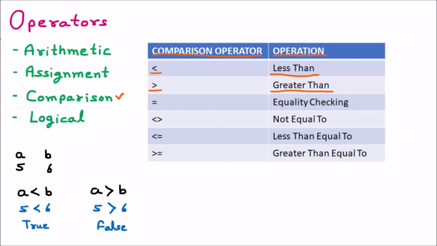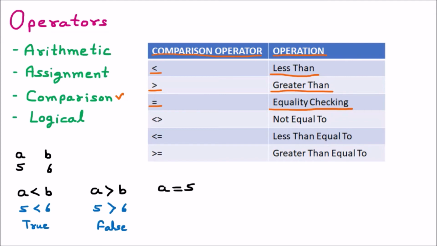The next operator we have is equal to. Equal to is the assignment operator as well as the equality checking operator. If I write here A is equal to 5, and now I am applying this into some conditional checking, let's say if A equal to 5.